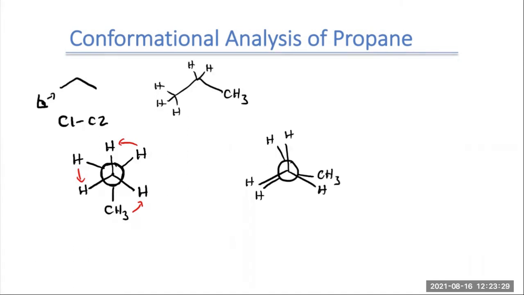And in the eclipsed conformation, now we have a CH3 and an H interacting, and the other ones are just the H's. We know that H interaction is 4 kilojoules per mole.